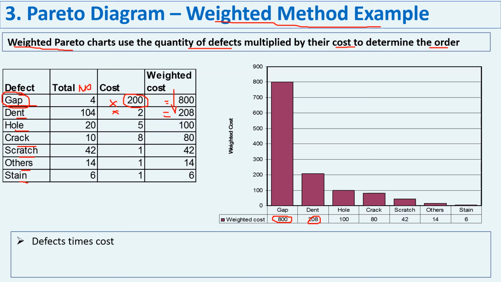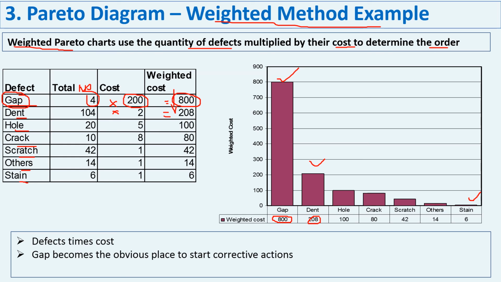The value is the number of defects times the cost. Then gap becomes the obvious place to start corrective actions. The weighted method is the quantity of defects multiplied by the cost. So to reduce the cost of defects, we first work on gap, then on dent, then on stain.